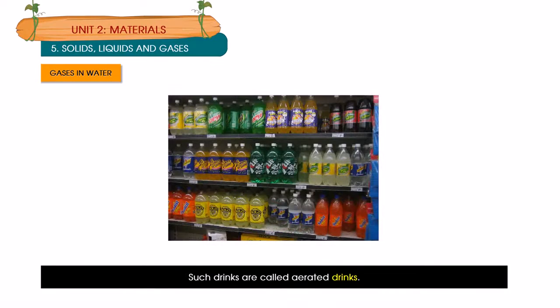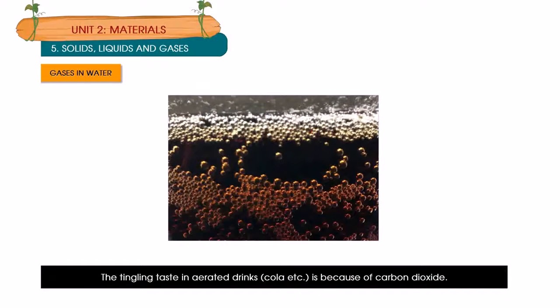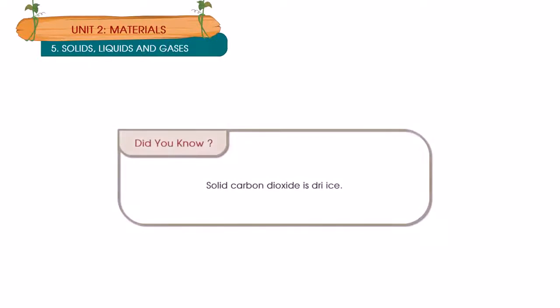Such drinks are called aerated drinks. The tingling taste in aerated drinks, cola, etc., is because of carbon dioxide. Carbon dioxide is dissolved in water under pressure. Did you know? Solid carbon dioxide is dry ice.